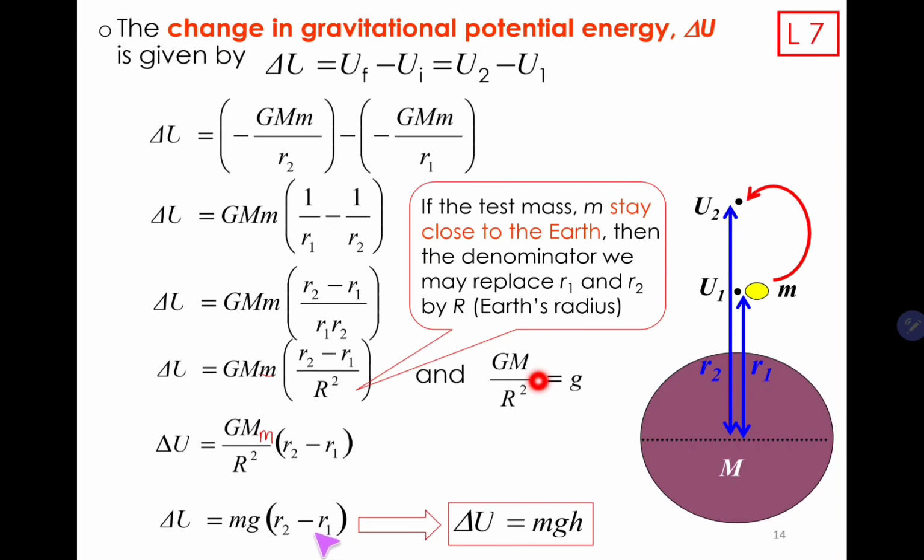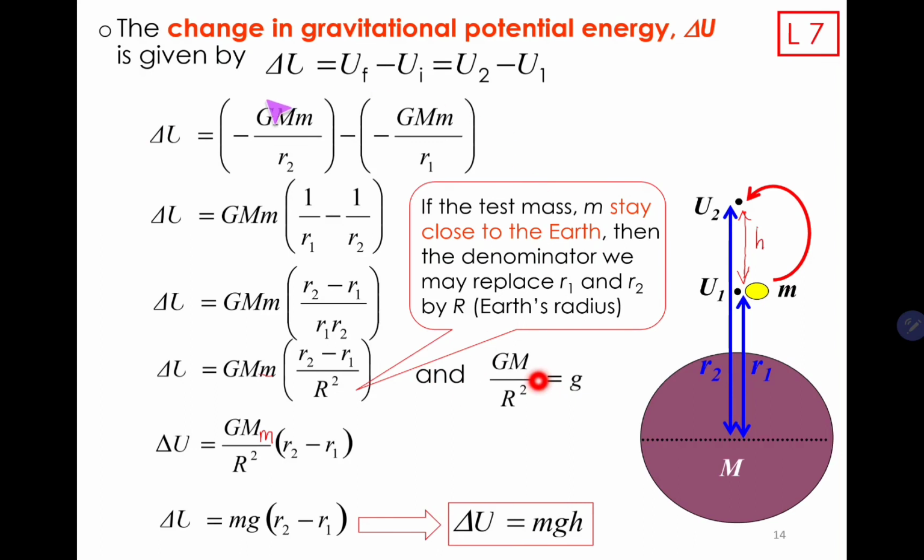R2 minus R1 gives you the difference between these two positions, which is h, the height of the object moving from the initial to the final position. So R2 minus R1 equals h, giving you delta U equals mgh.